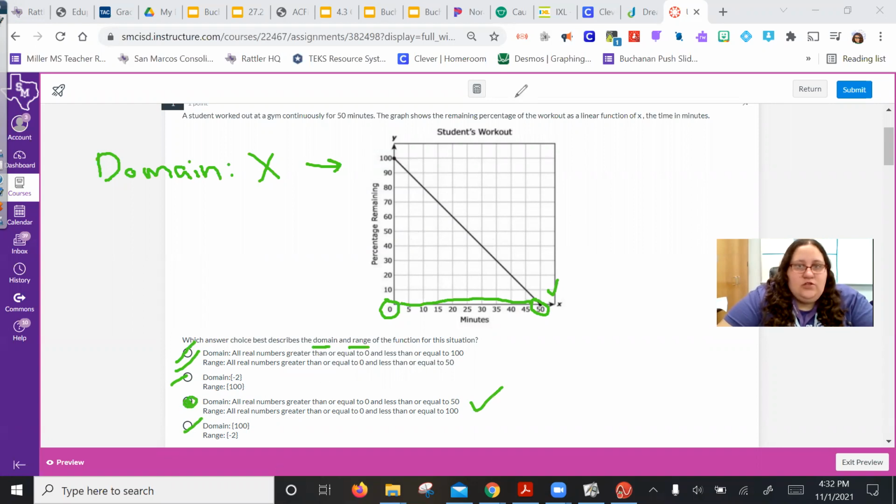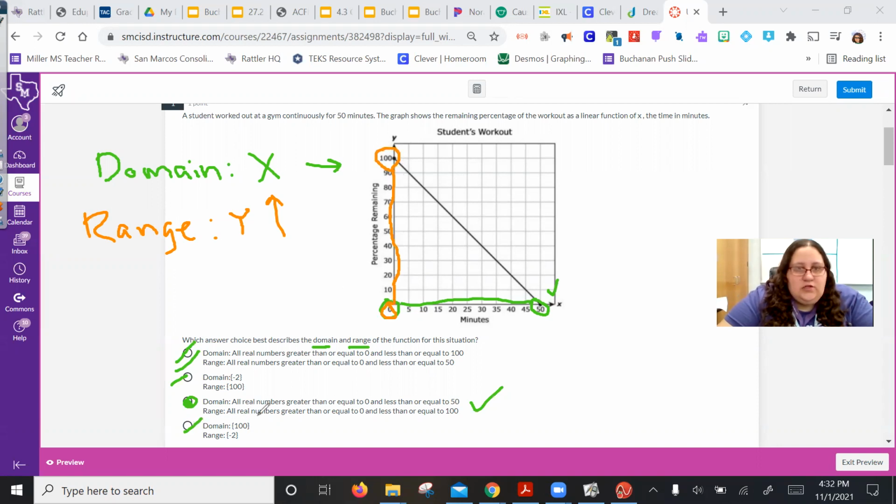If you weren't sure and you wanted to check your range as well, remember, range is our y-axis. So we go from bottom to top, and our lowest point is 0. And it goes all the way up. And sorry, my line's not perfect, but it goes up to 100.